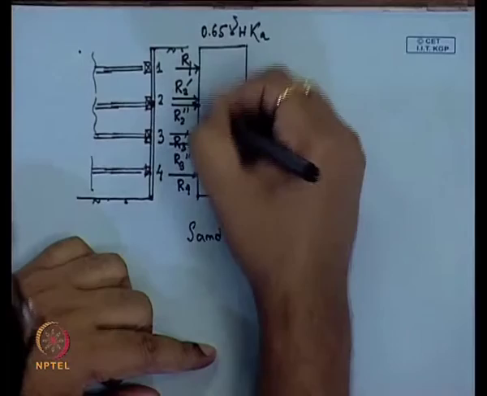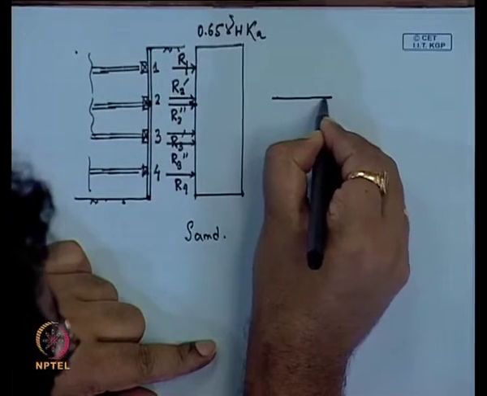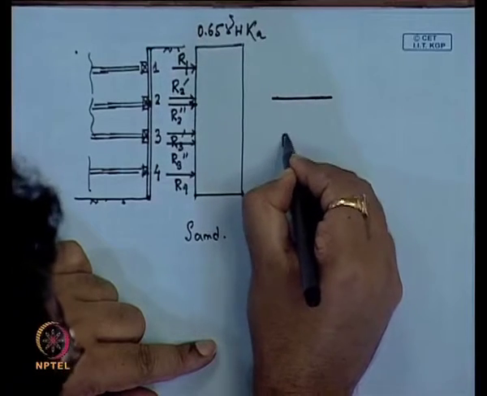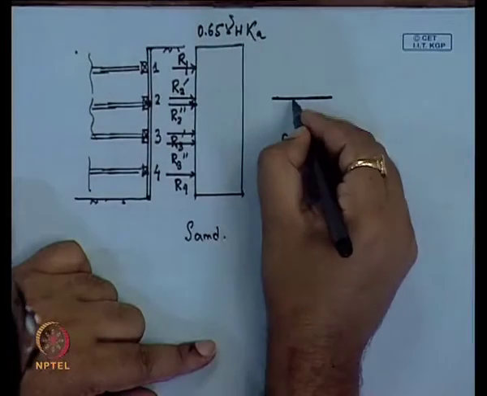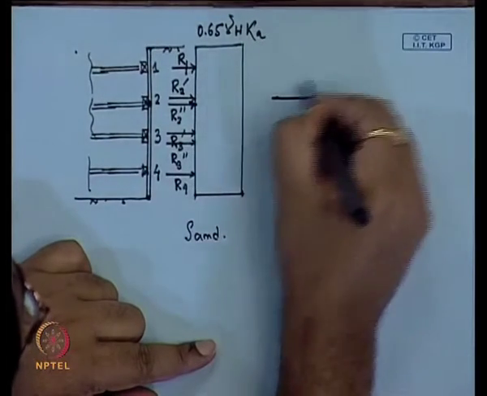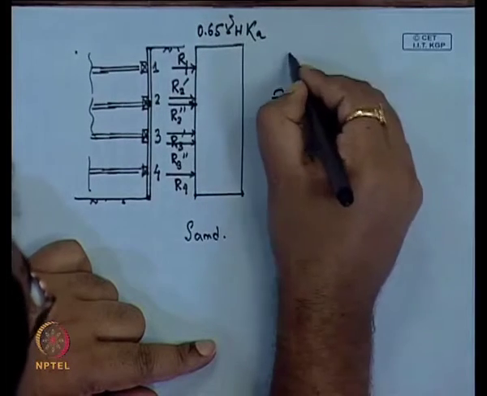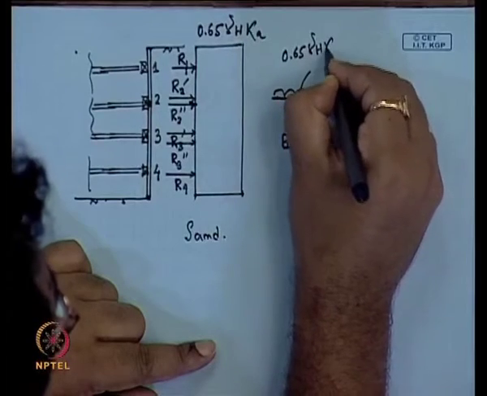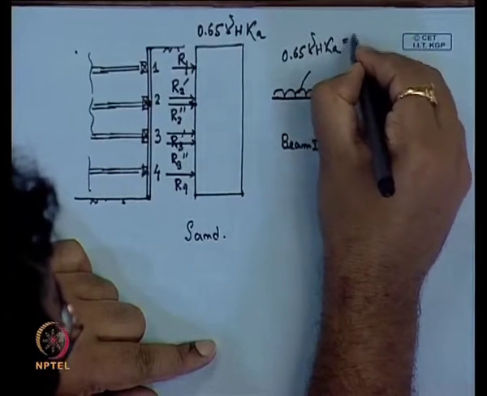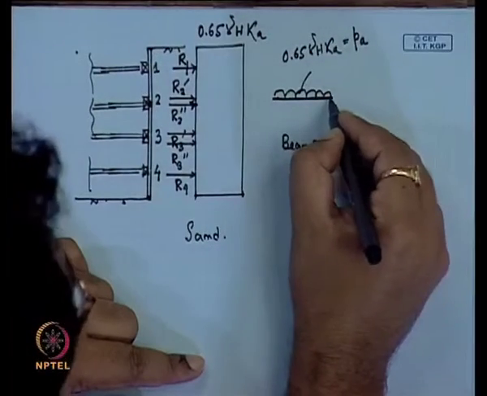Now, if I take these beams one by one, this is the first beam or beam 1. Here we can draw the distribution or UDL whose density is 0.65 gamma H into Ka, and that is equal to Pa. So, what are the reactions?